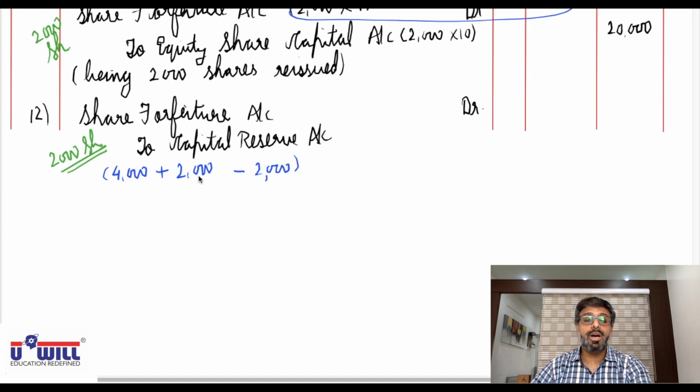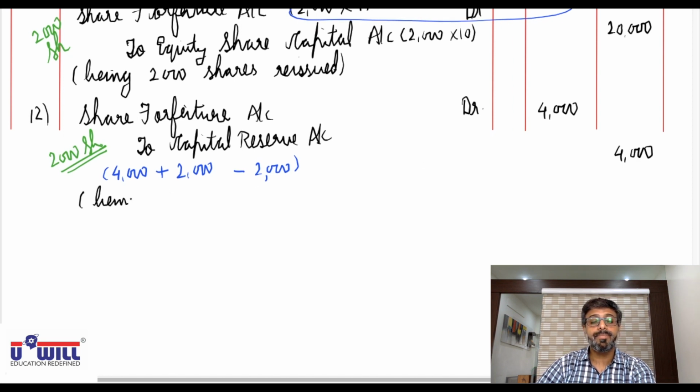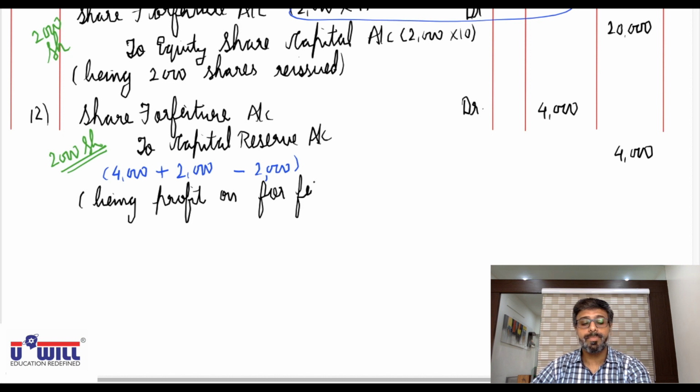So 4000 plus 2000, 6000, minus 2000, 4000. What is the profit on reissue? 4000. Being profit on forfeiture.